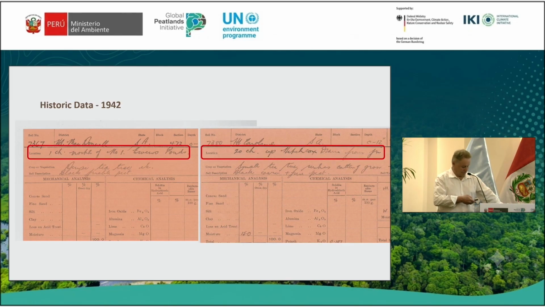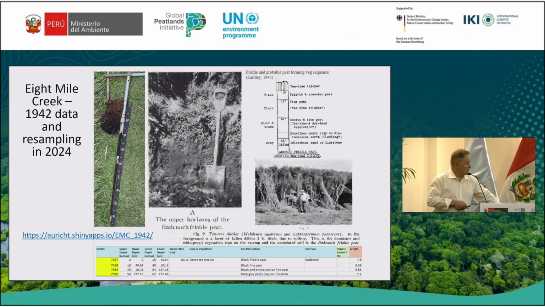One site we'll touch on is this one, which is 20 chains up from Hitchcock's Drain on Drain M. So we move down. This is what it looks like originally before drainage: thick tea tree thicket, very fibrous peat, and high organic matter. That's the same profile of that site in 2024. It still has 1.6 metres of peat.